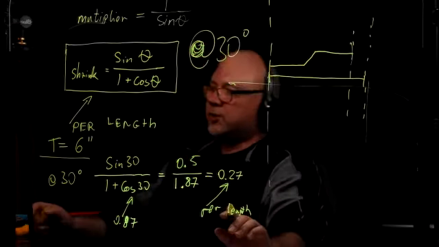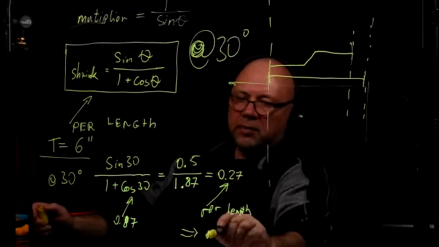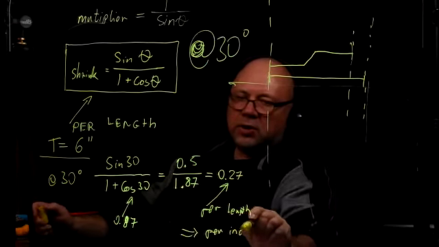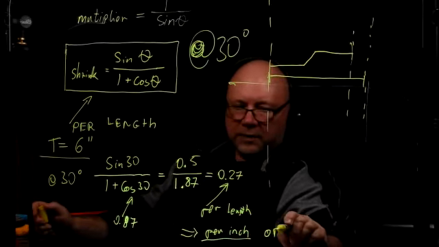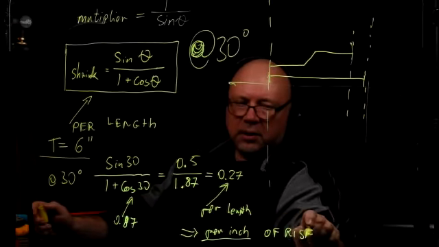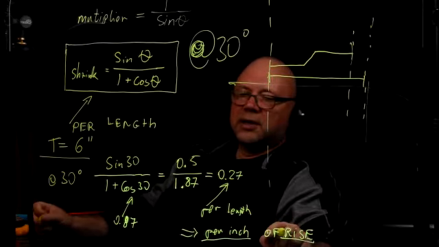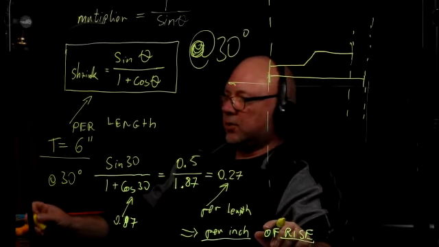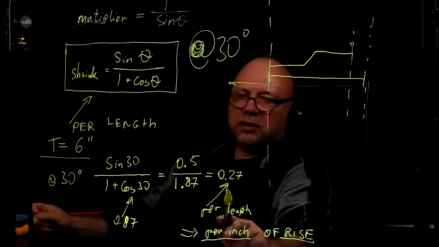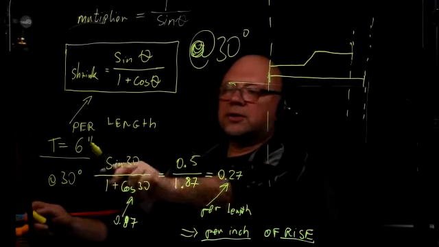And since we're using inches for our length, it is going to be per inch of rise. So that's going to be per the offset length, per height. So let's see, we're going to clear 3 inches. Under the 30 degrees angle, the travel is 6 inches.